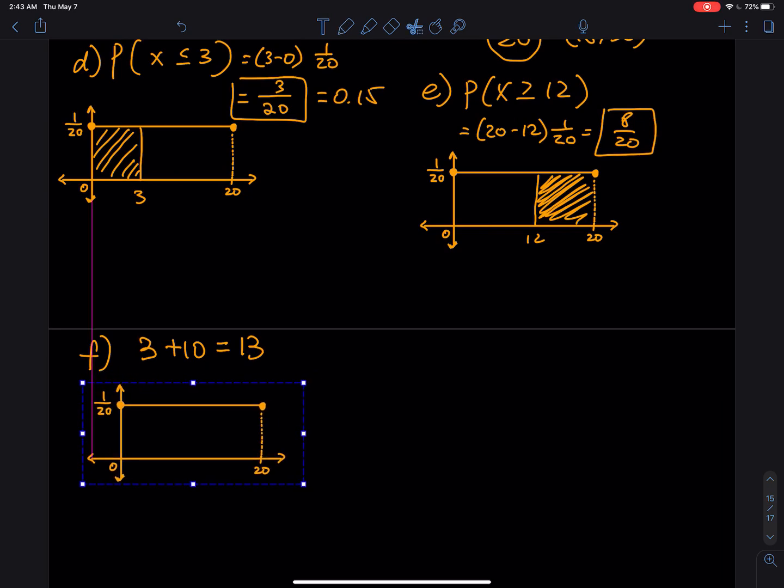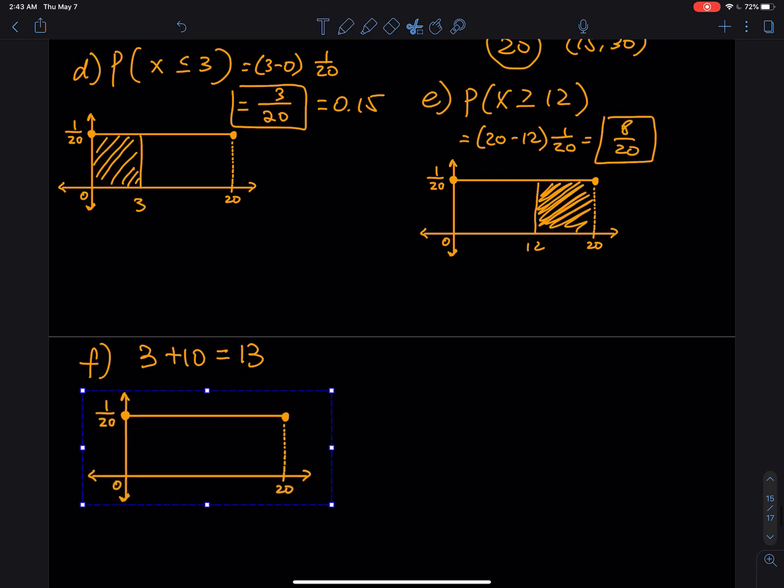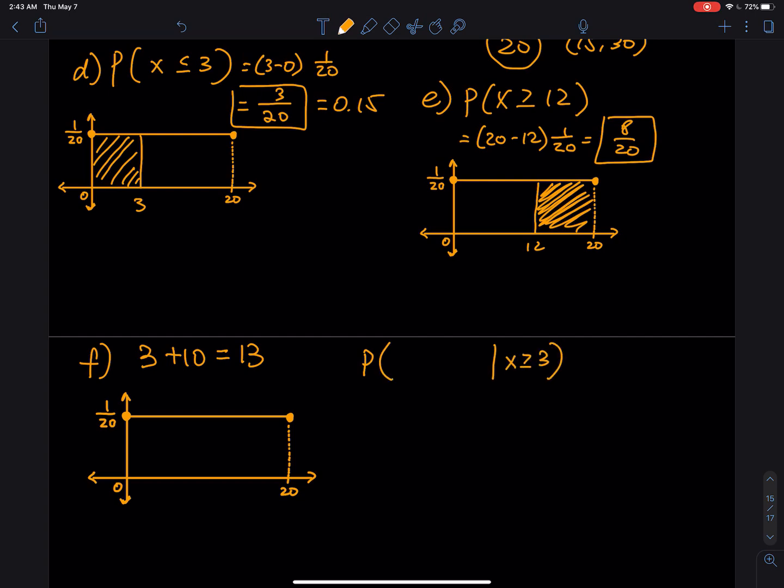So we need to make a little modification in this graph. First, let's get the probability notation done. Okay, don't jump any step, just follow me closely. So this one is the probability given that x is greater than or equal to 3. How come that is greater than or equal to, not less than? Because you are starting at 3, you are still waiting, right? So at 3, you are right here, and you are still waiting.